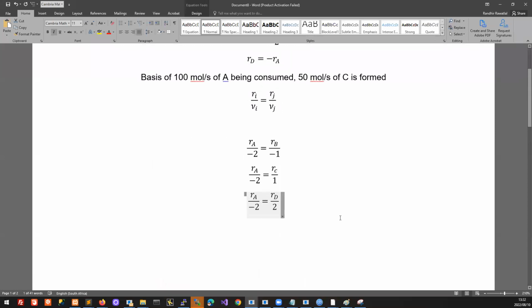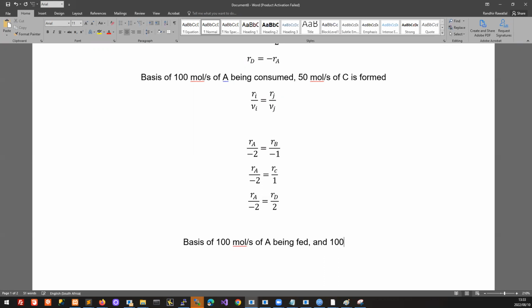So in the case of this example, let's again take 100 moles per second of A being fed. Let's just say that's the feed rate. It's not the consumption rate.